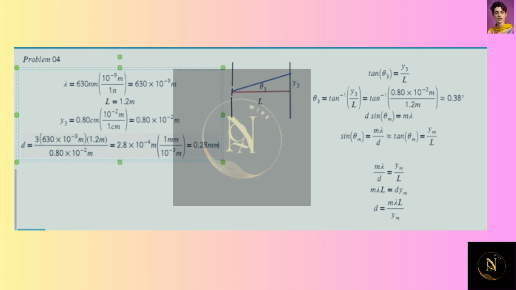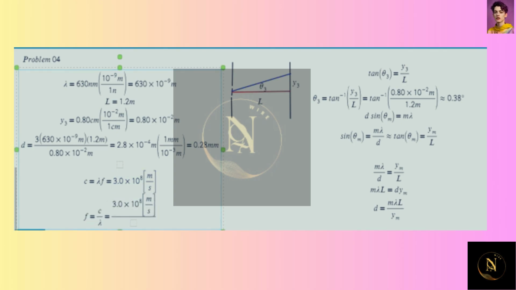Okay, the final thing that we could determine is, since we're dealing with light, we know that c is going to be equal to lambda f, where c is the speed of light, equal to 3.0 times 10 to the 8 meters per second. Here we're going to solve for the frequency of this light. So f is going to be equal to c over lambda. So c is this quantity.